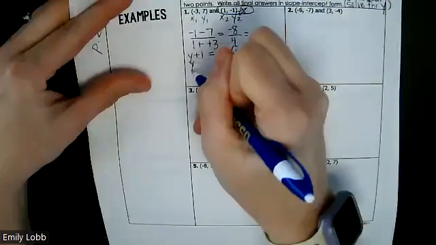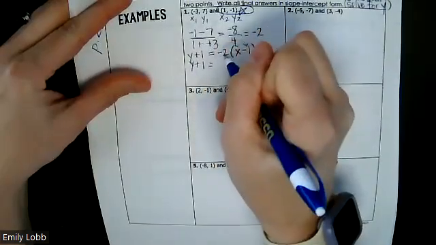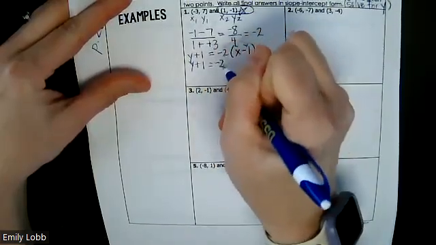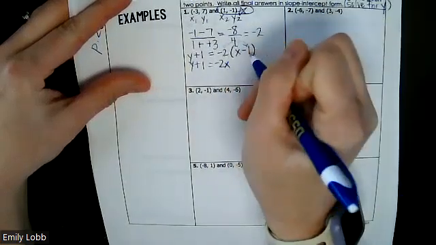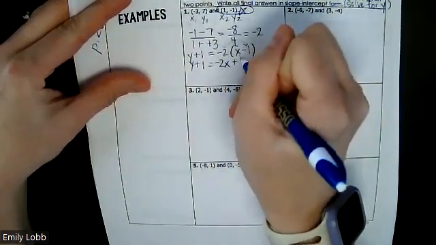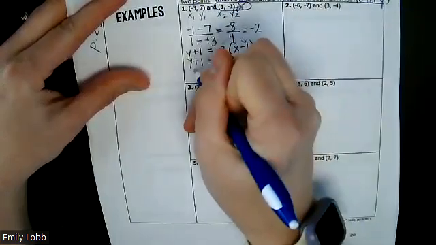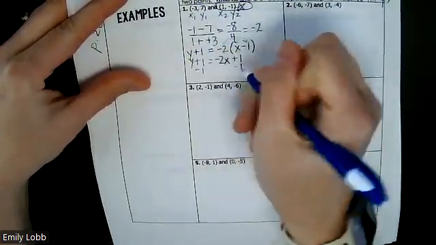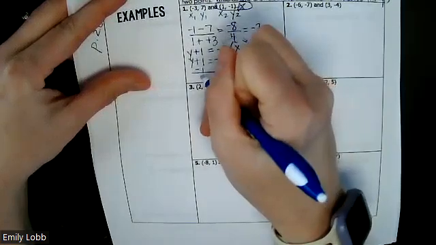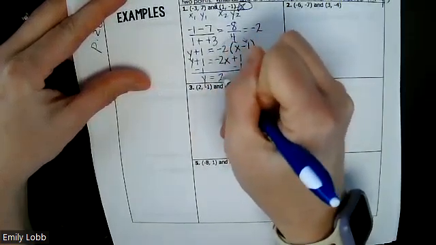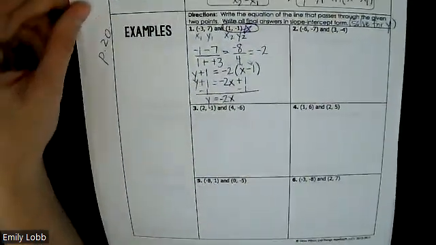So we have y plus 1 is equal to -2x times x is -2x. -2x times -1 is +1. And then we're simply subtracting 1 from both sides. So really we're left with y equals -2x. So this line goes through the origin because our y-intercept is 0, 0.